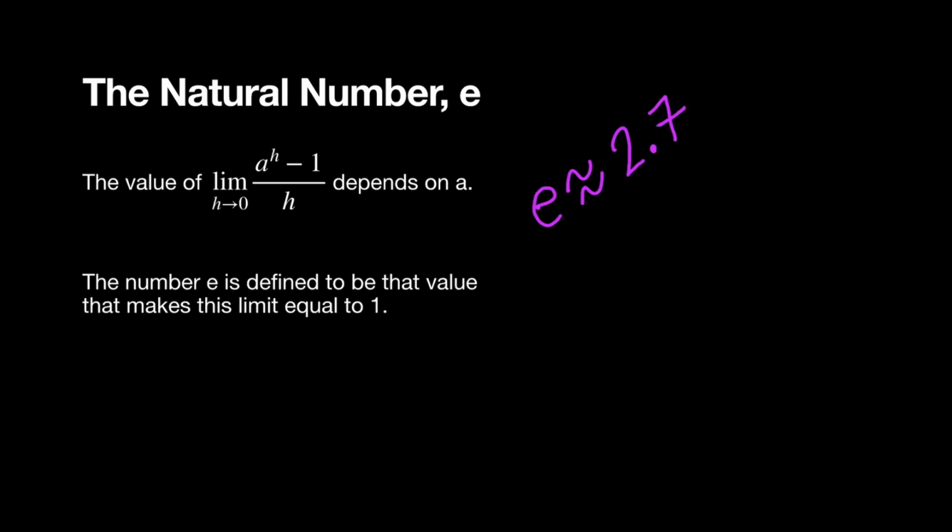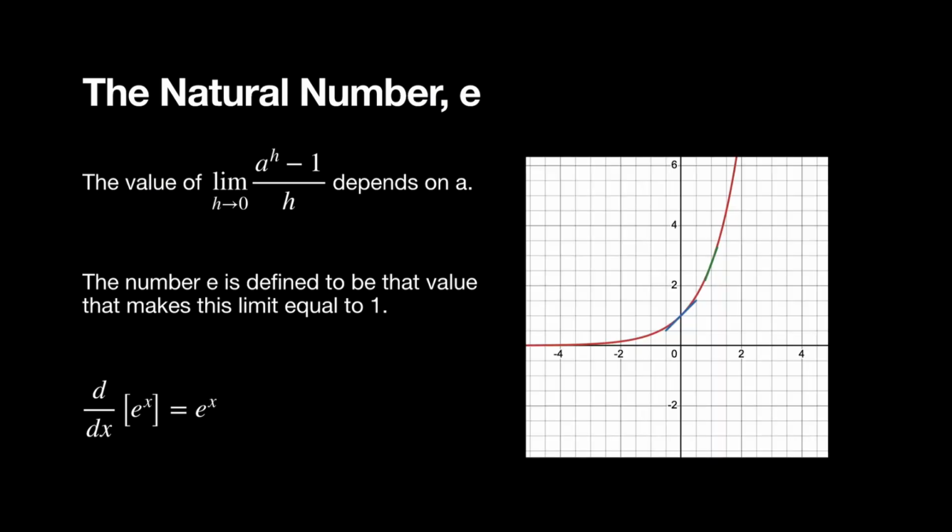And that natural number e is approximately 2.7. It's actually an irrational number. The decimal continues forever. So when our base is our natural number e, the derivative of e to the x equals 1 times e to the x, or just e to the x. So the derivative of the function e to the x is e to the x.